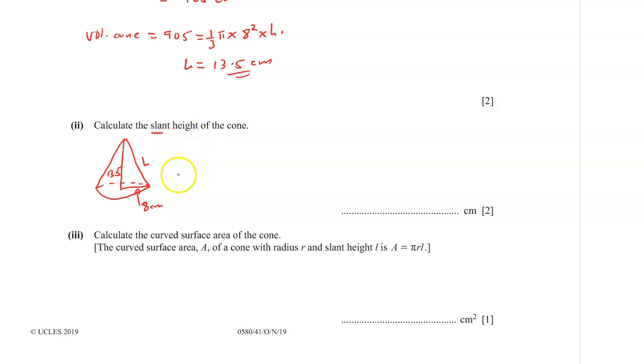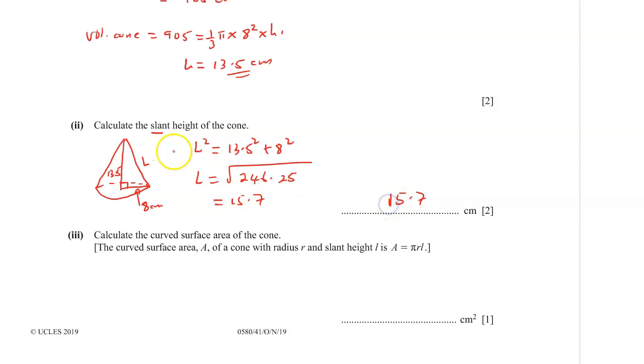Of course, this is a right angle triangle here. Therefore, L is the hypotenuse. So L squared is equal to 13.5 squared plus 8 squared, which gives you 246.25. L is the square root of that, which is 15.7. So 15.7 is the slant height.